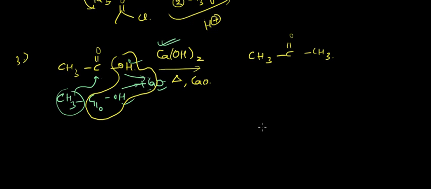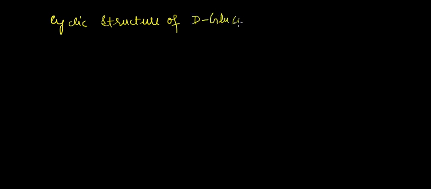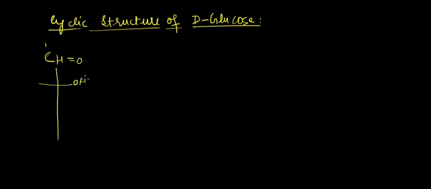Okay, so with this note, let's return to our chapter of carbohydrates and discuss the cyclic structure of D-glucose. So now we have the structure; this is the first carbon, and then we have a chain going on.